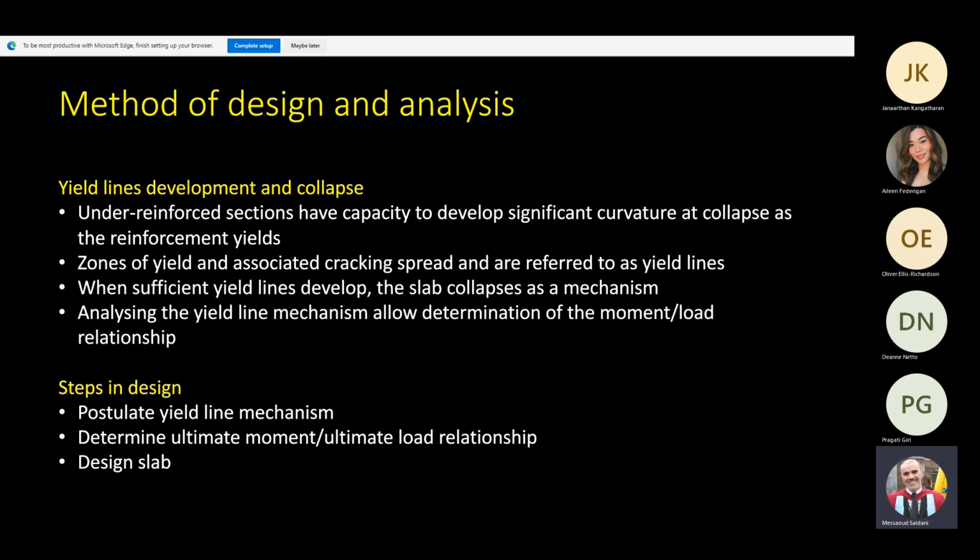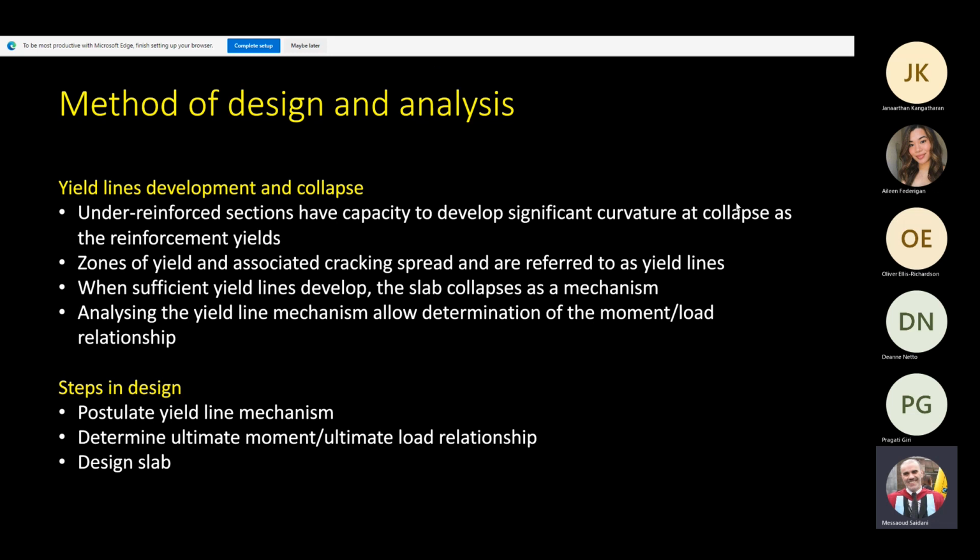When you have a sufficient number of yield lines forming, then you have collapse. So this is the first analogy that you can see with the plastic theory of structures. Analyzing the yield line mechanism, like in the plastic theory, analyzing the collapse mechanism allows the determination of the moment-load relationship.